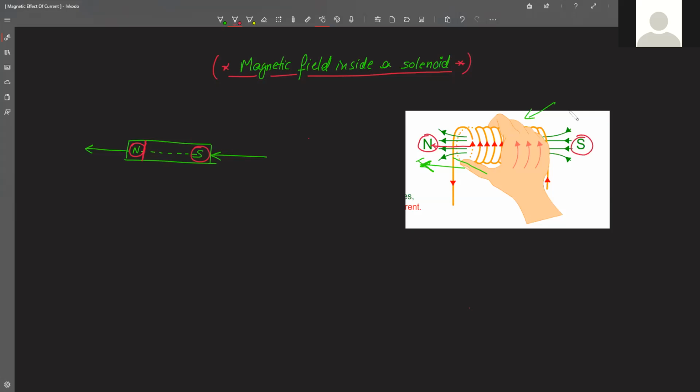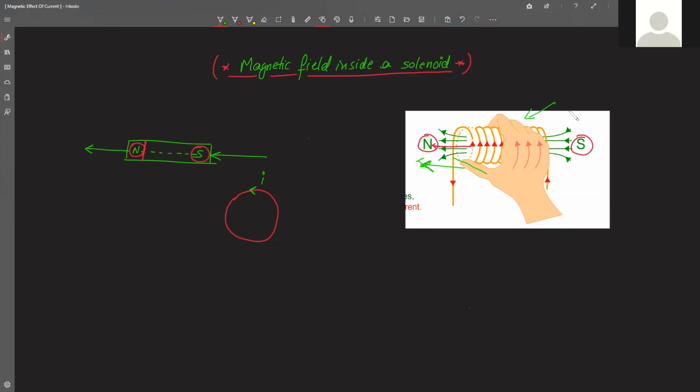Suppose there is a coil like this, right? And suppose in this coil some current is flowing, and let this be the direction of current. Now again apply your right hand rule. You place your right hand four fingers in the direction of current.